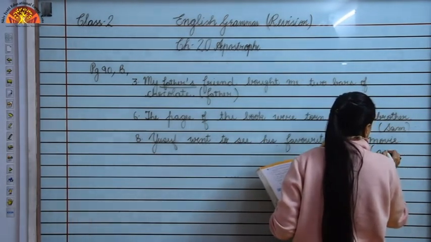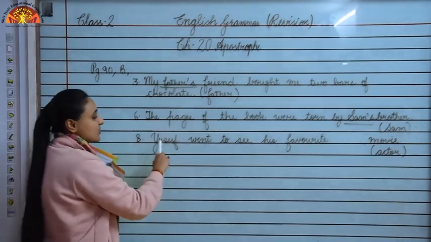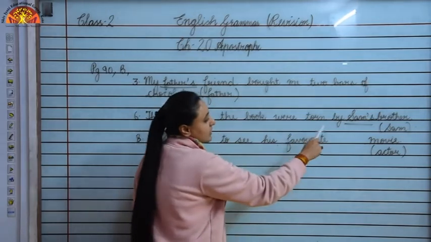And in bracket actor is given to you. So children, number 8: Yusuf went to see his favorite dash movie.